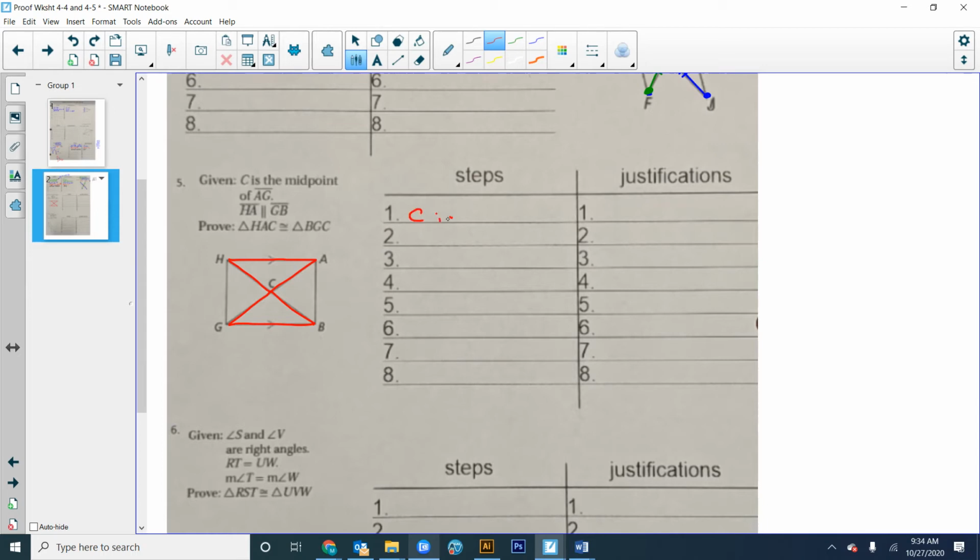C is the midpoint of AG. That's given. I'm going to put these in the same color because there is a result, step 2, that goes right along with that. So you're walking from A to G, but you can't make it the whole way. You get tired and stop at the midpoint, C. If C is the midpoint of AG, doesn't that make AC the first half of your walk, the same as GC, the second half of your walk?